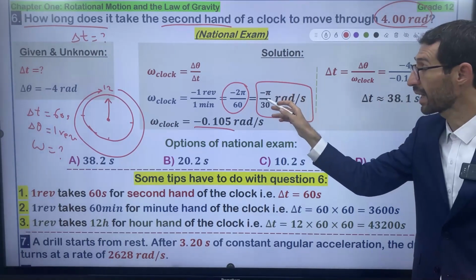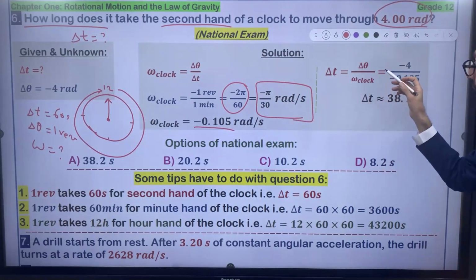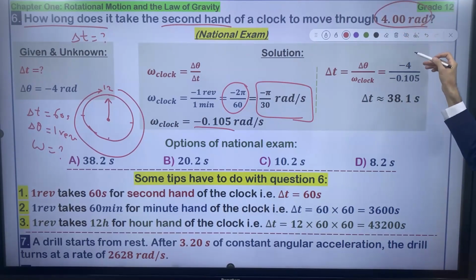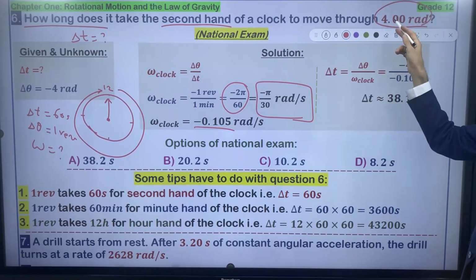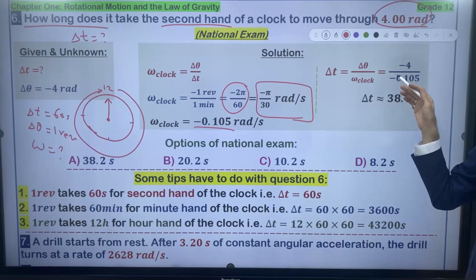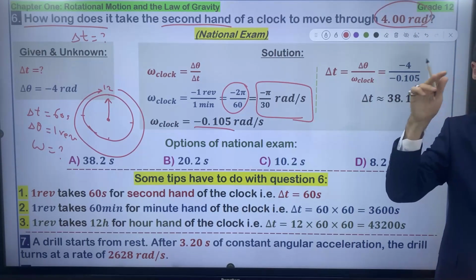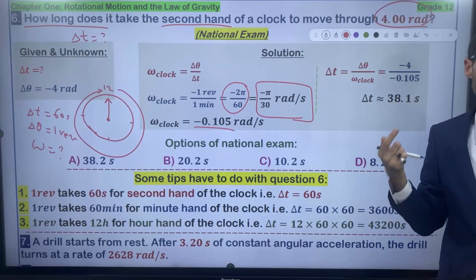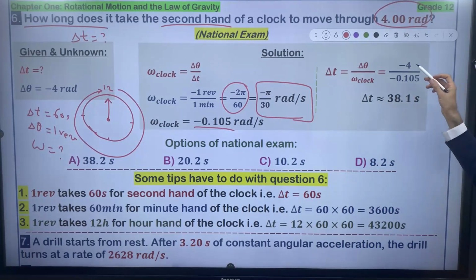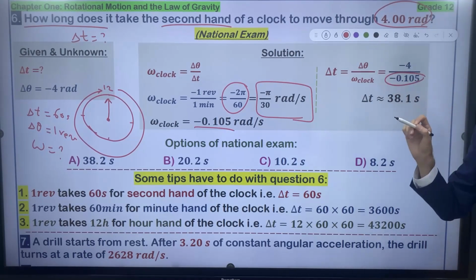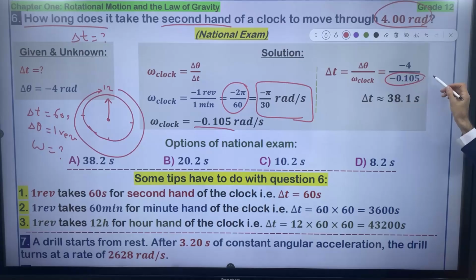We found omega already. That's why we just divide 4 by this number. Why did I put negative here? Because it talks about the clock, and clockwise direction means negative. So negative 4 divided by negative 0.105, or instead of this value, you can write negative pi over 30, as you like.